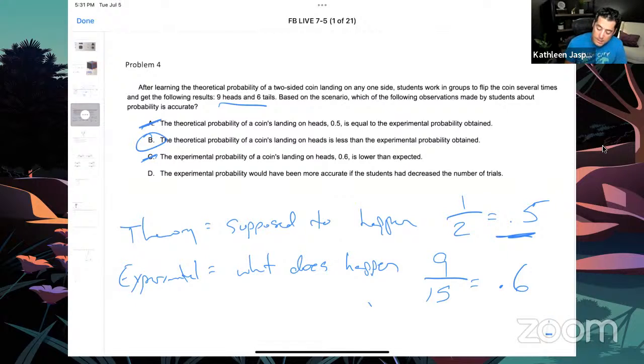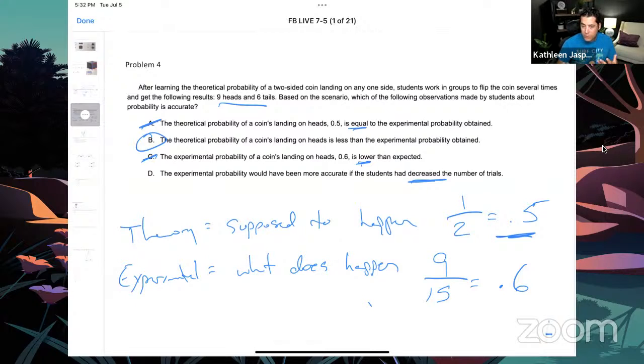So in each of these answer choices are specific terms that are making them wrong. In this case, the word equal is wrong because it's not. Lower is wrong, so it should be higher. And then decreased. How do we get to a more accurate theoretical probability when running an experiment? You do it many times.